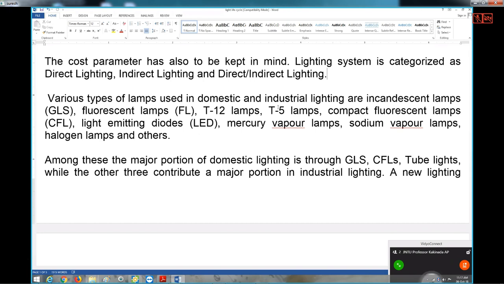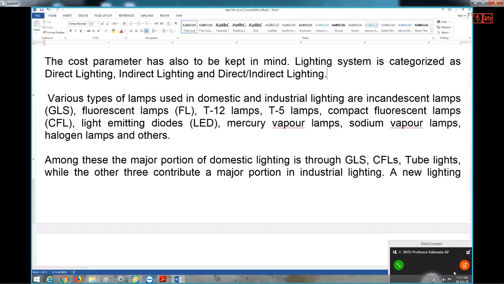Some tube lights are long, and the T5 lamps are short tube lights. Then compact fluorescent lamps, CFL lamps, then light emitting diodes, LEDs.